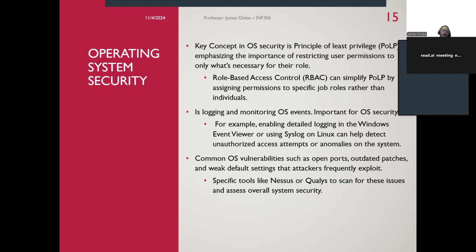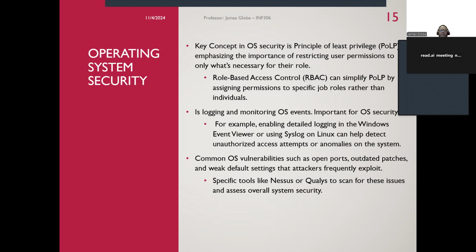The key part is that you have to then monitor the logs, collect them, and have software or a tool that would then parse the logs and identify potential anomalies and malicious activity. So you've got to have both: maintain your logs, and then also parse the logs looking for malicious activity.